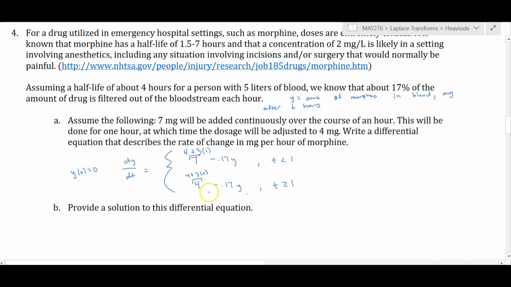See, what I'm trying to do, and this is not by any means the only way to represent this, you could think about turning on the 7 and then turning it off, and then you could think about turning on the 4, and that would work perfectly fine as well. But this allows me to just worry about one term instead of having to figure out how to make a 7 become a 4. If I represent it as 4 plus 3 times 1, then I'm going to build a little t-table here: time 0, 1, 2, 3, 4.